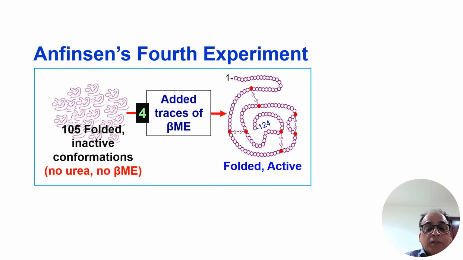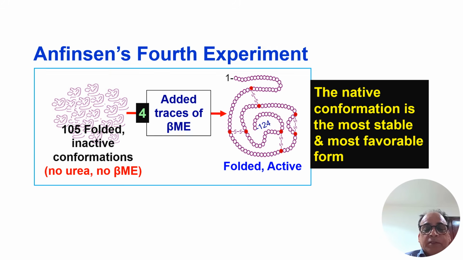And because 104 out of 105 different folded structures are thermodynamically unstable, they will easily be transformed into the native conformation. So this experiment suggested that the native conformation is the most stable and most favorable. That is why it is formed by traces of beta mercaptoethanol.